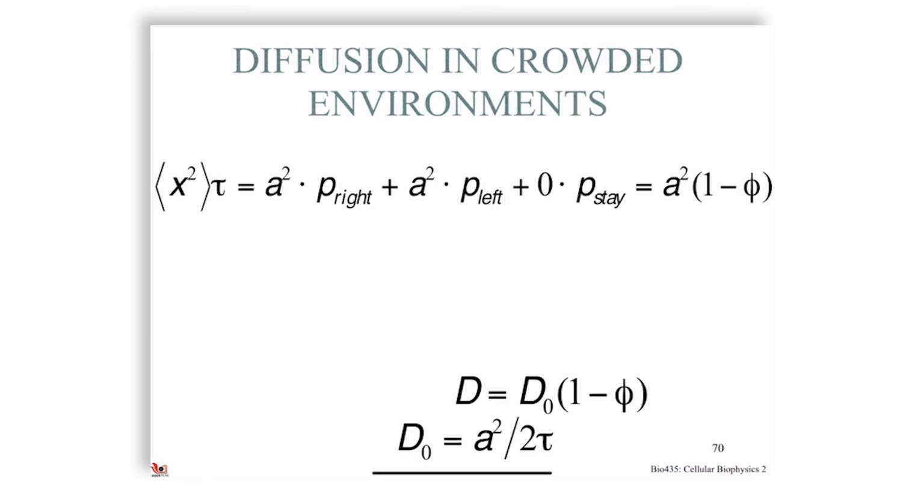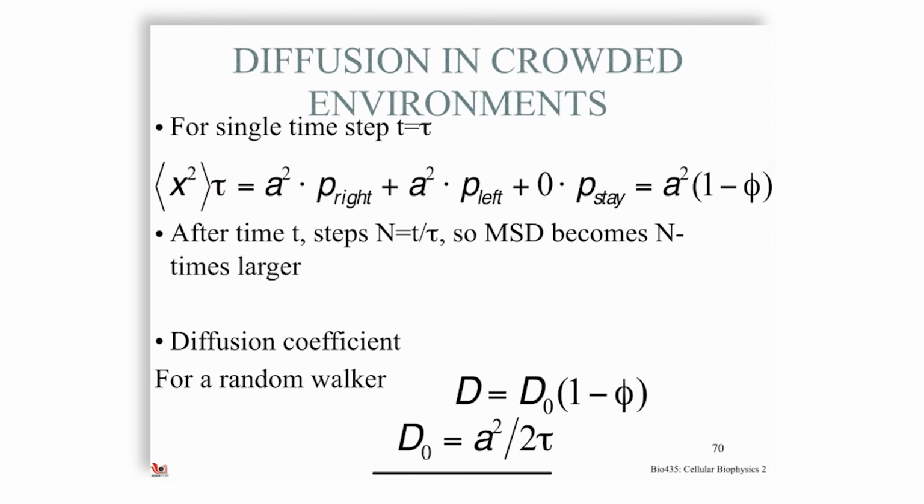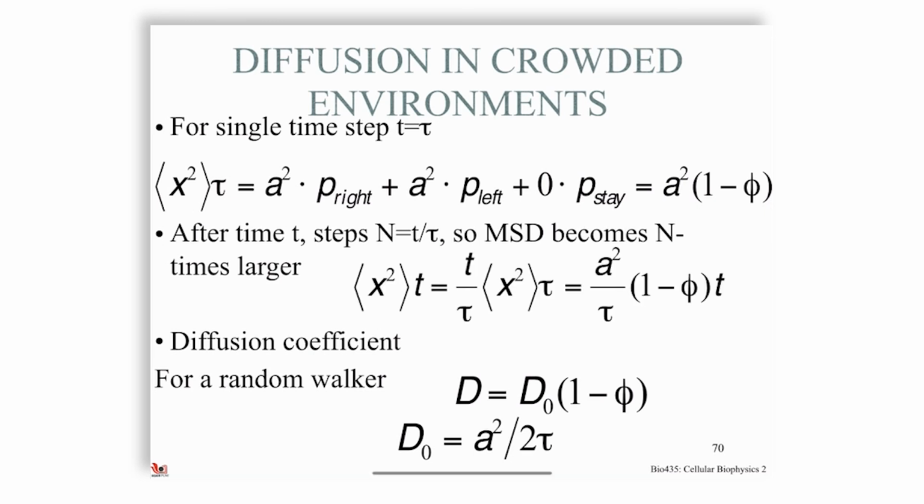And therefore, diffusion in crowded environments then becomes a square p right plus a square p left plus 0 p stay, a square times 1 minus phi, which effectively means that after n steps, n, which is t by tau, the MSD becomes n times larger, and the diffusion coefficient for a random walker becomes D naught, which is your so-called dilute limit or no crowded condition, multiplied by 1 minus phi, and D naught is a squared by 2 tau, which is our definition, 1 by 2 a squared by tau, as we have used.